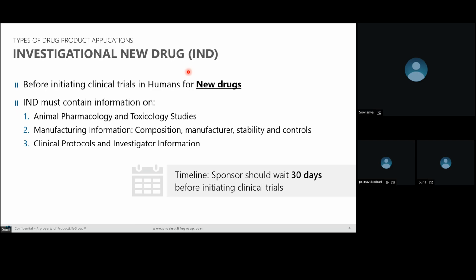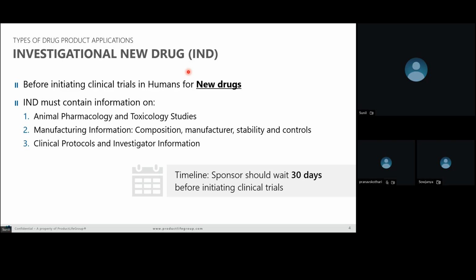The whole chronology that we just now discussed is for new products, new biologics or new chemical drugs. So for them, it is taking so long. Suppose any company invented one product, they have a 20 year patent.